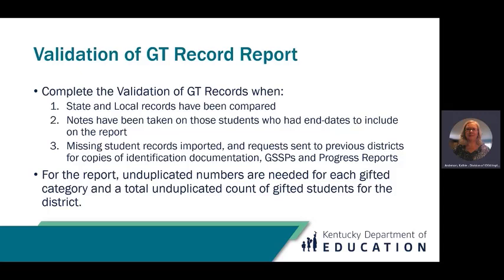For the report, unduplicated numbers are needed for each gifted category and a total unduplicated count of gifted students for the district. That will be at the very end of the report.